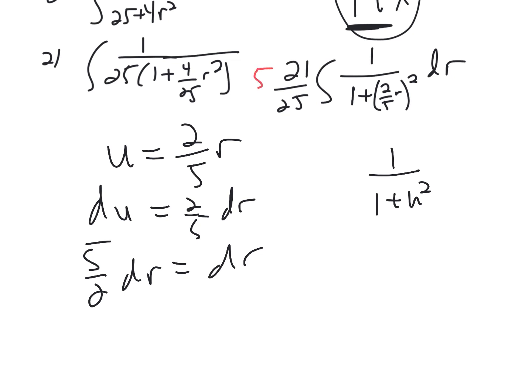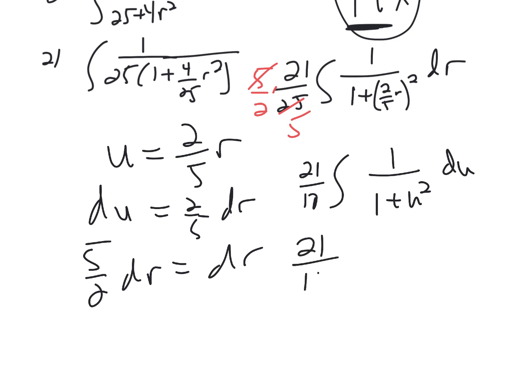So we've got this 5 over 2 that we're multiplying the 21 over 25 by. So I think that becomes the integral of 21 over 10 of 1 over 1 plus u squared du. Okay. Compare this to what I did on paper. Yep. Now we'll do the antiderivative of that. The antiderivative of 1 over 1 plus u squared is arctan.